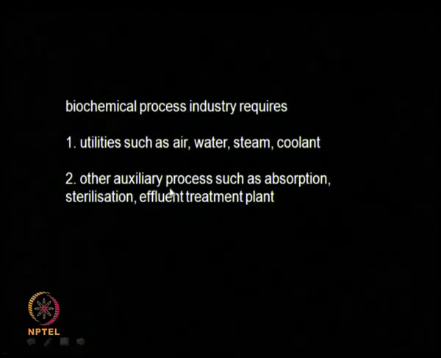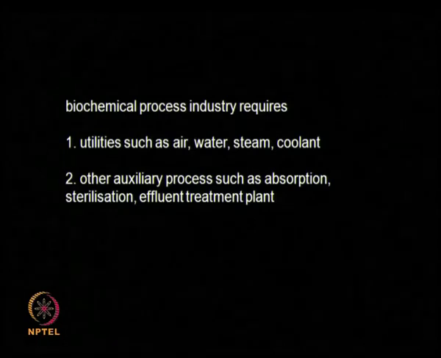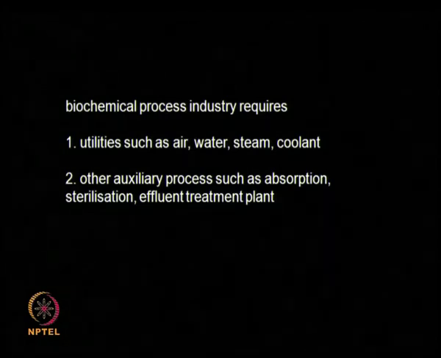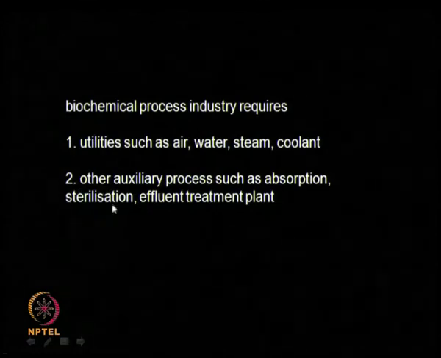And then there are other auxiliary processes such as absorption, because you may be producing toxic gas, you may be producing dangerous vapors which cannot be just vented out into the atmosphere, so they need to be absorbed before the inert gases are vented out to the atmosphere. You need to have sterilization facilities, and then you need to have effluent treatment plants.